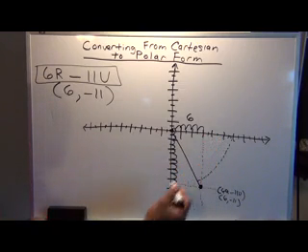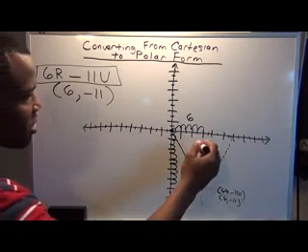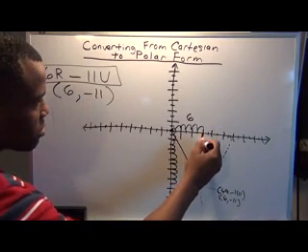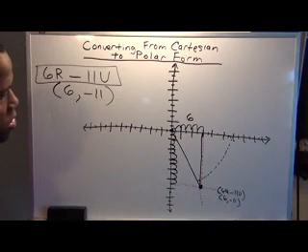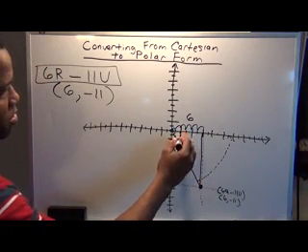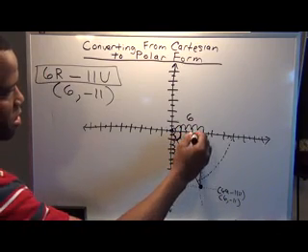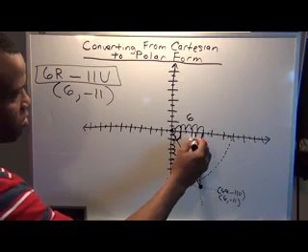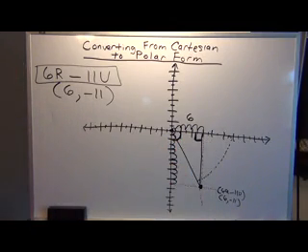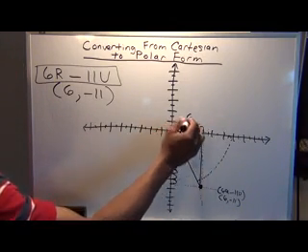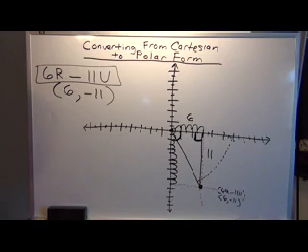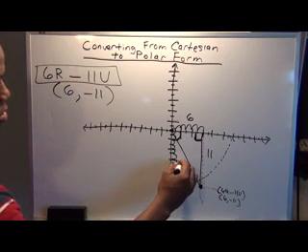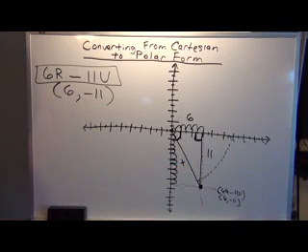So since our angle goes that way, our triangle will be this way. So here's our angle, here's our right angle. And we see we went 6 units to the right here, and then we went 11 units down. And then we need to figure out what the hypotenuse is.